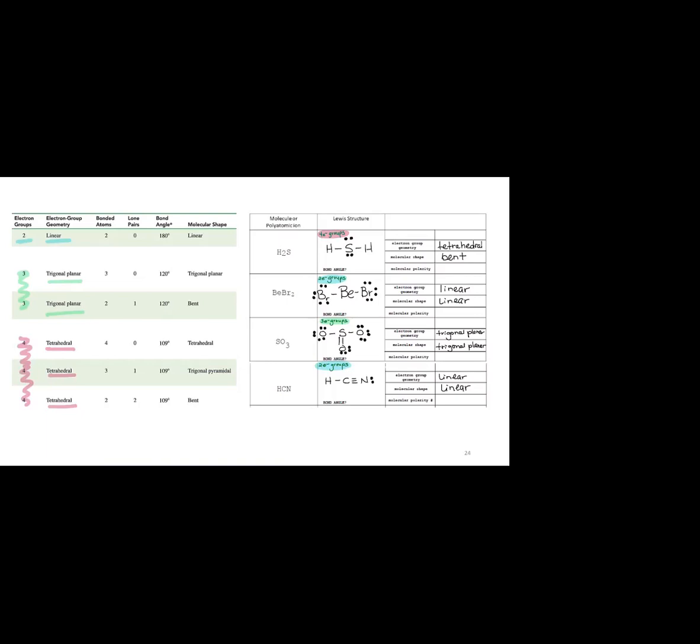Build the correct Lewis structure, determine the electron groups, then utilizing this table, determine the electron group geometry and the shape. Remember that the shape is going to depend on bonded atoms versus lone pairs. So I'm going to fill in the angles. For 4 electron groups it is 109 degrees. For 2 electron groups it is 180.